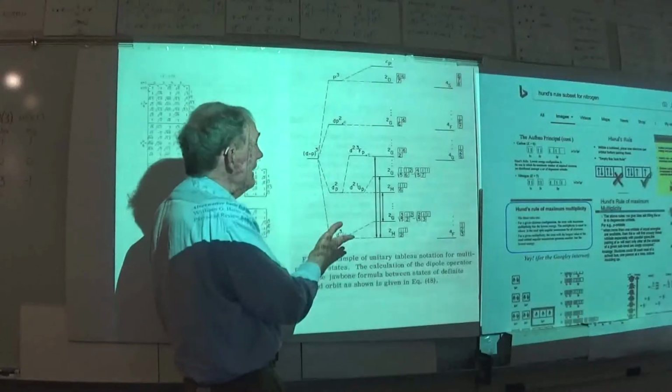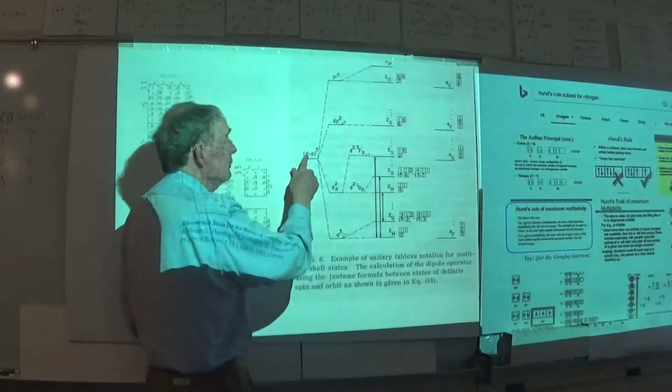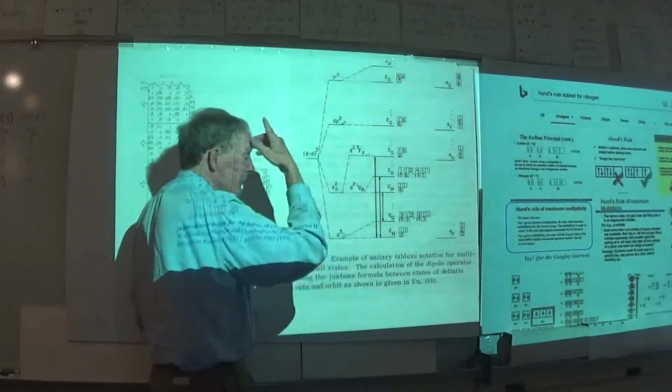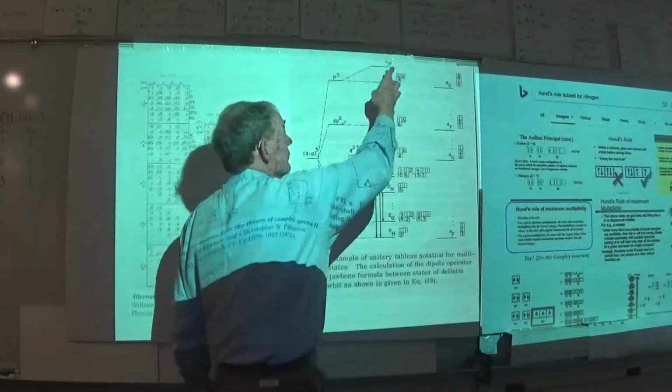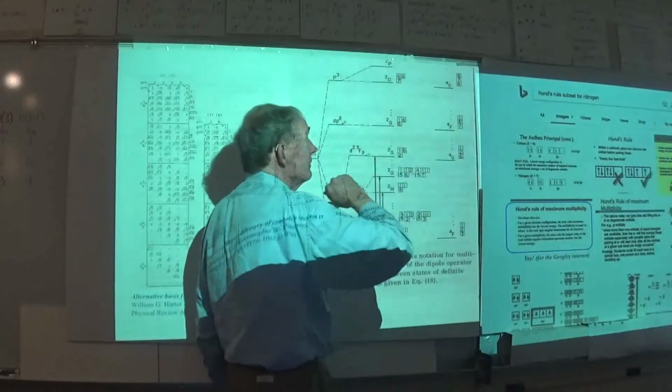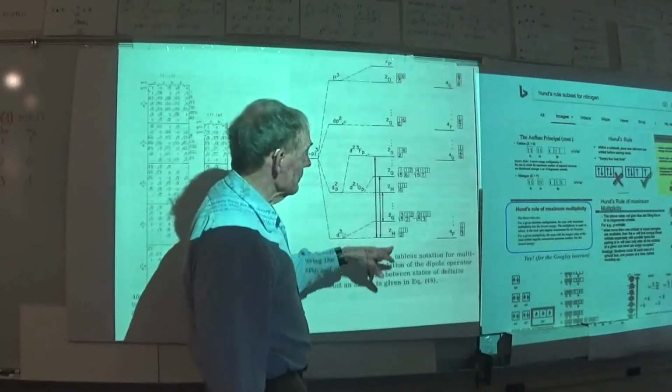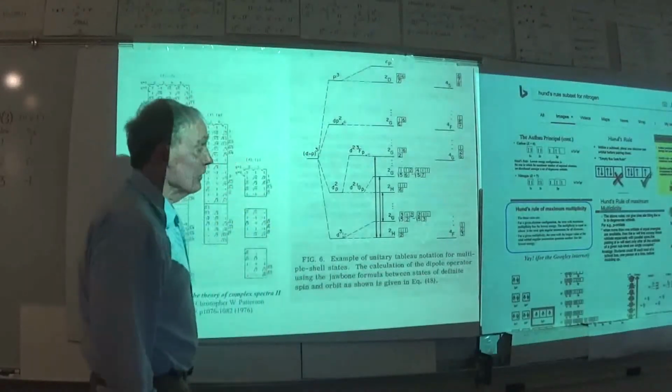This is U8 with subgroups U5 and U3 determining all of the numbers for us. But the 2P comes up higher than the 2D very nicely there. And then the other ones have similar, just a few of them are shown.